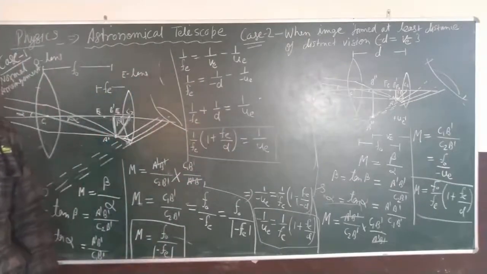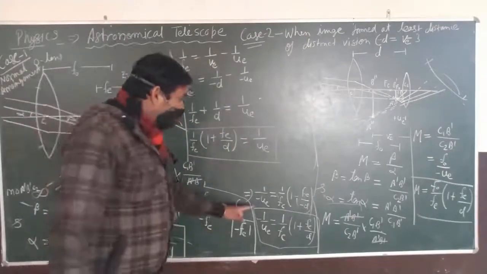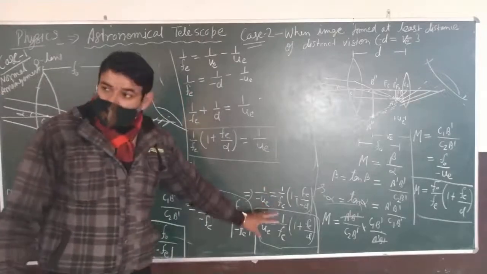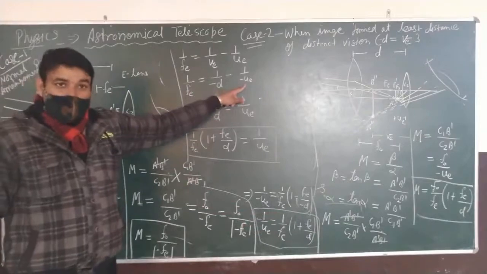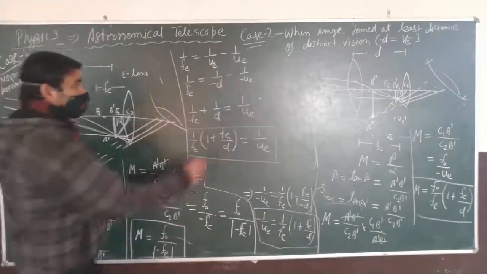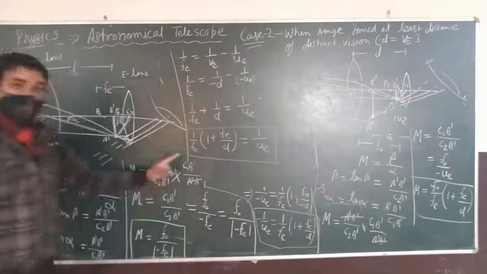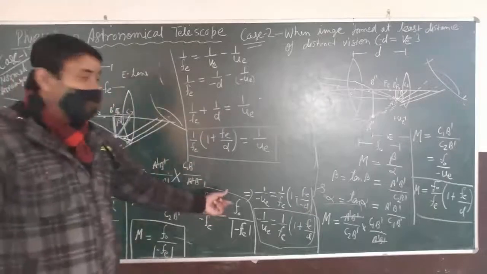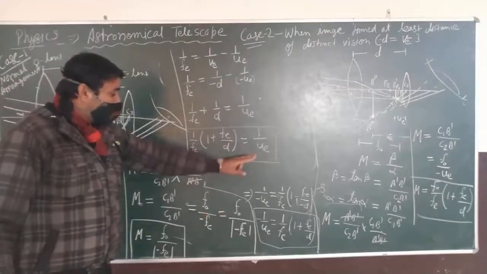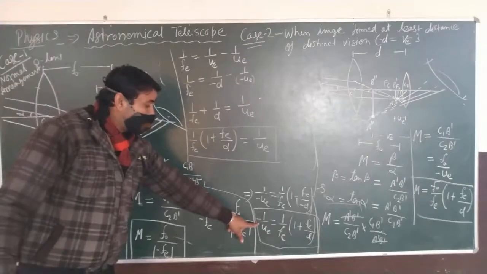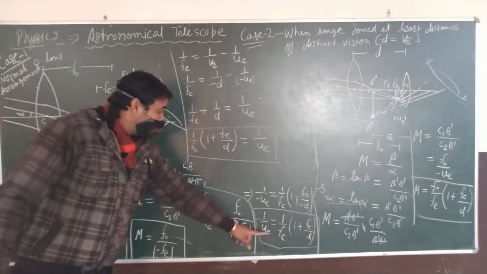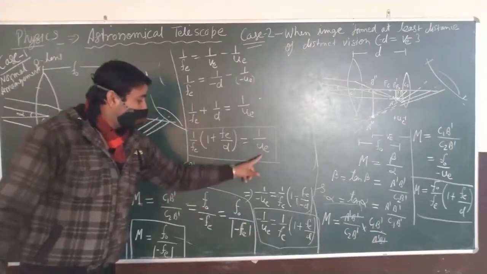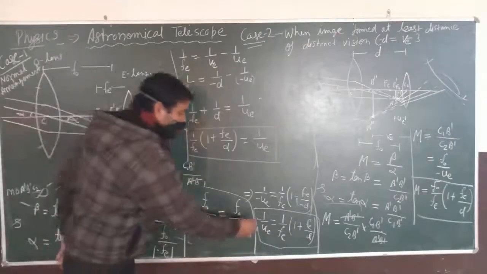Okay, clear? I think in the previous solution we were not using UE as minus. Okay, so because of that the result should be positive. But when we use this, the result is negative because we are not using UE as negative. Okay, so if we use UE as negative, this result should be positive.